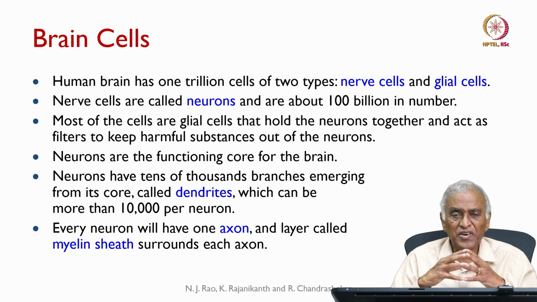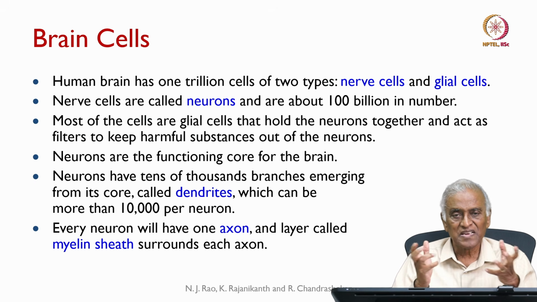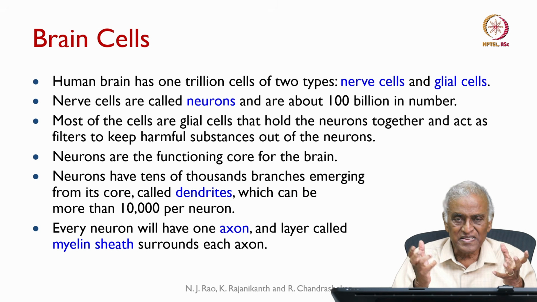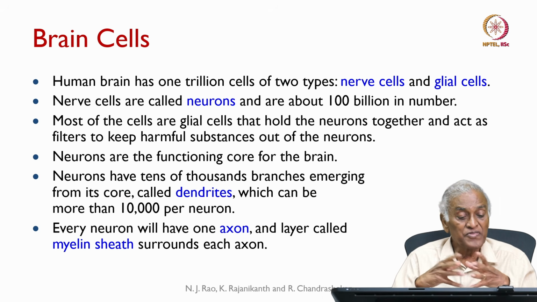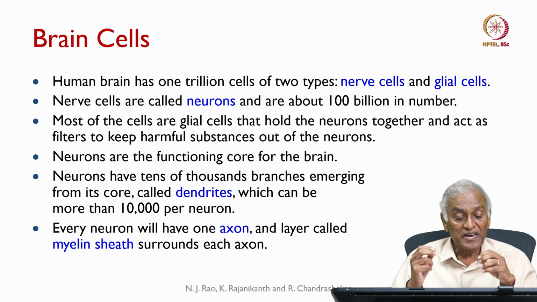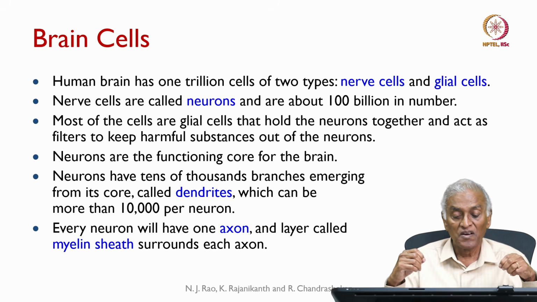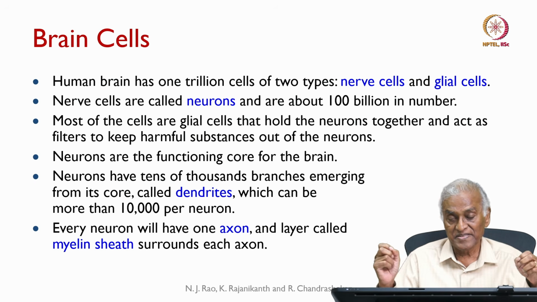It is very difficult to understand what kind of complexity can result from 100 billion elements. And each neuron can have up to 10,000 branches emerging from its core, called dendrites.